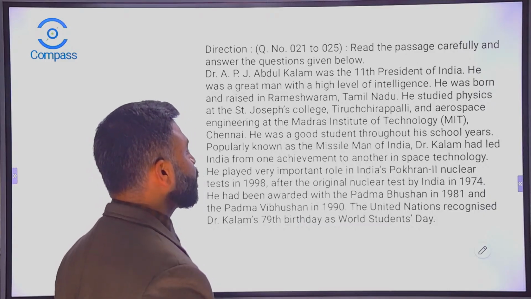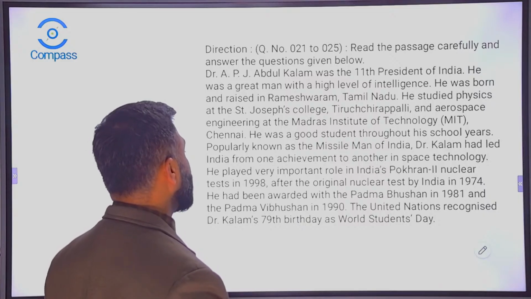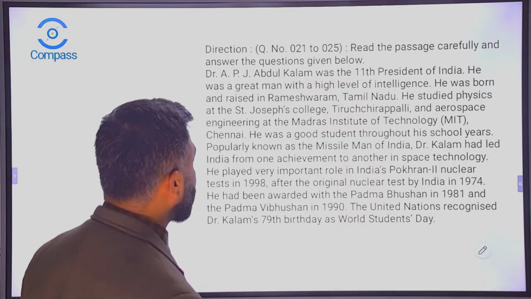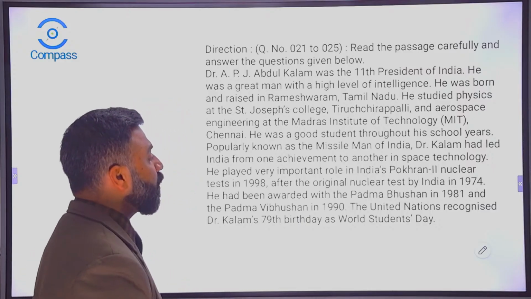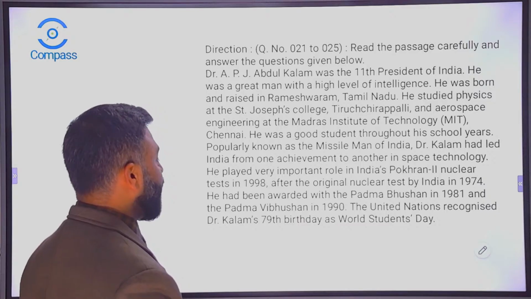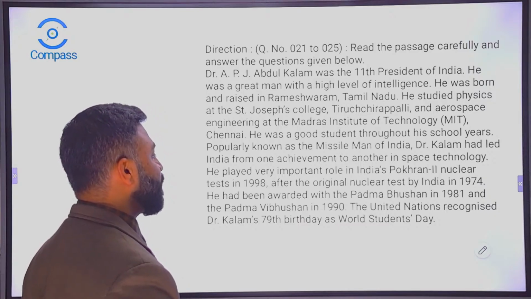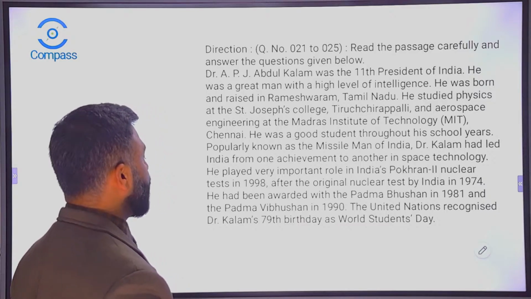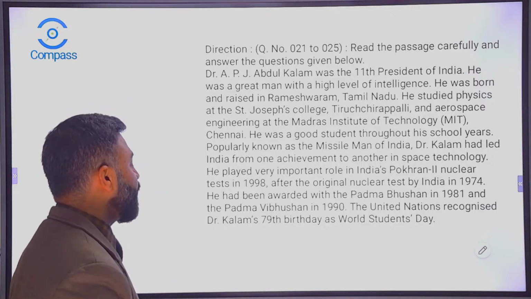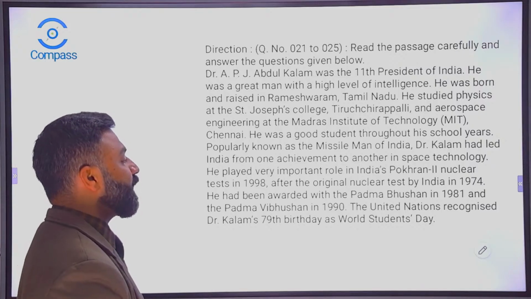Dr. Kalam had led India from one achievement to another in space technology. He played a very important role in India's Pokhran 2 nuclear tests in 1998 after the original nuclear test by India in 1974. He had been awarded the Padma Bhushan in 1981 and the Padma Vibhushan in 1990.